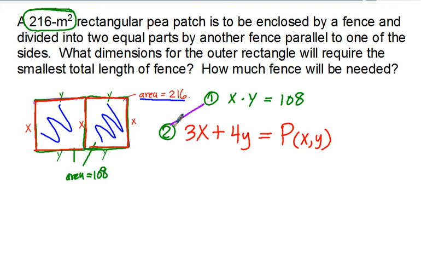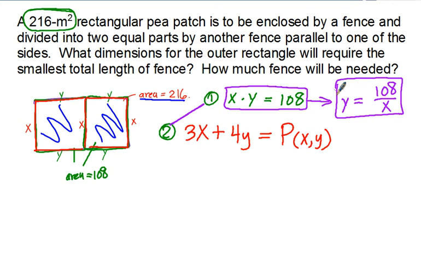Maybe your only choice is just to work with this equation. So let me just solve for y. I could just as easily solve for x, but let me write y in terms of x by dividing both sides by x. Then wherever I see y, I can replace that symbol with the expression 108 divided by x.